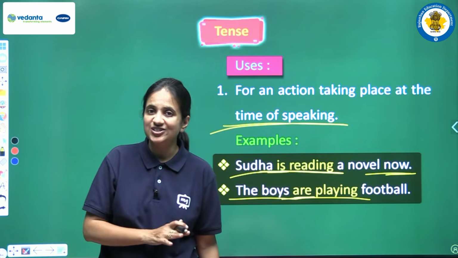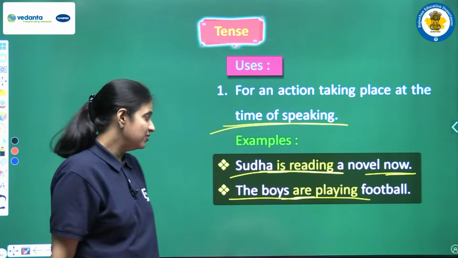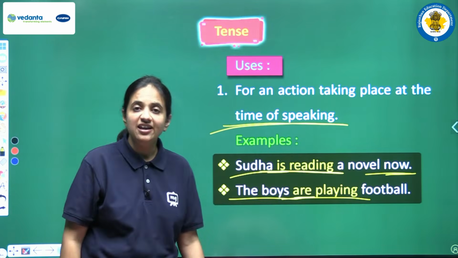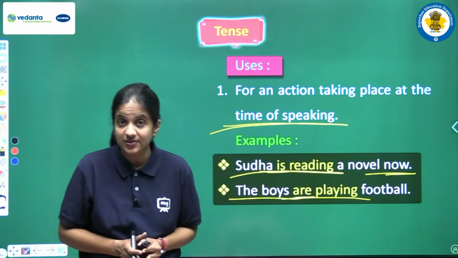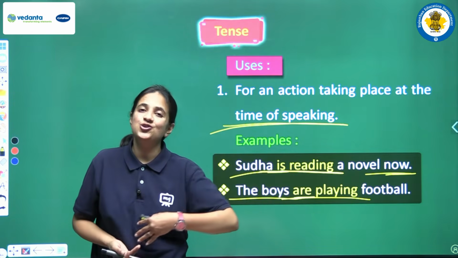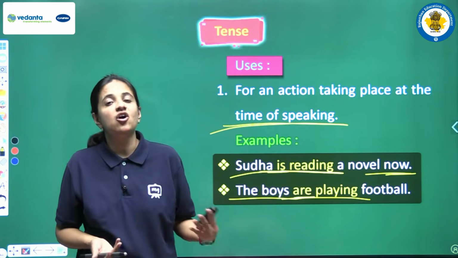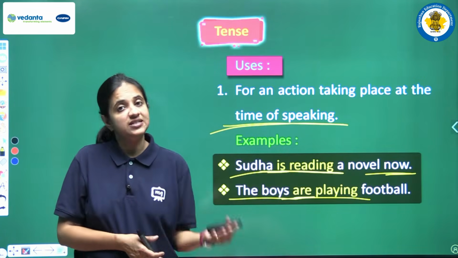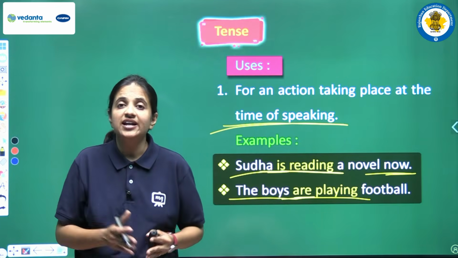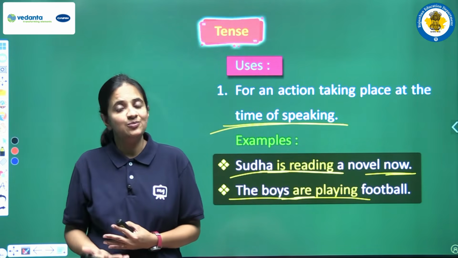Play plus ing, it will be playing, and the sentence will be: The boys are playing football. So this is the first use of present continuous tense. This tense is used to show all the actions, all the work, everything that is going on at the time of speaking, at the present time, at the current moment.